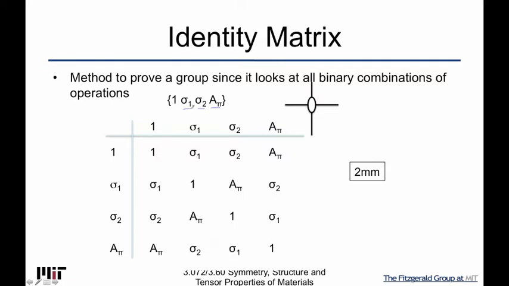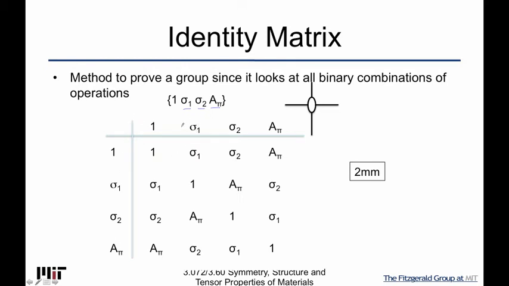Because remember, that was another part of being a group, and these two should induce this one, right? So the way we're going to prove that is we're going to take the elements of the group, and we're going to put the elements of the group along the y-axis as well. And of course, what this does is represent essentially what I was just talking about, looking for each member to affect the other one and produce another member of the group. And the way you see that, that's why you form this matrix.